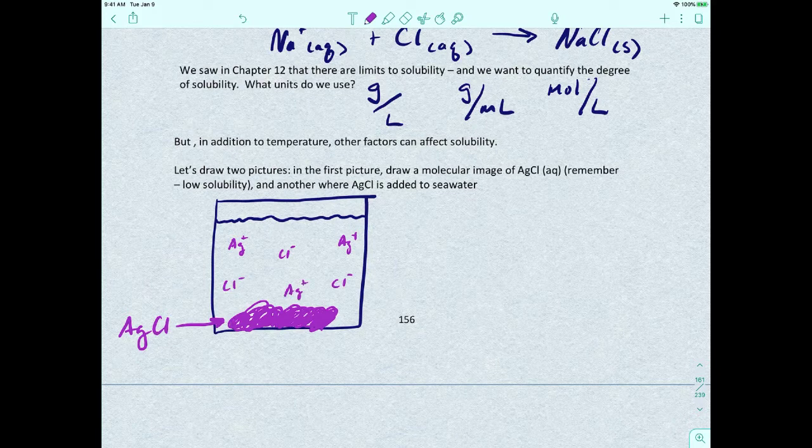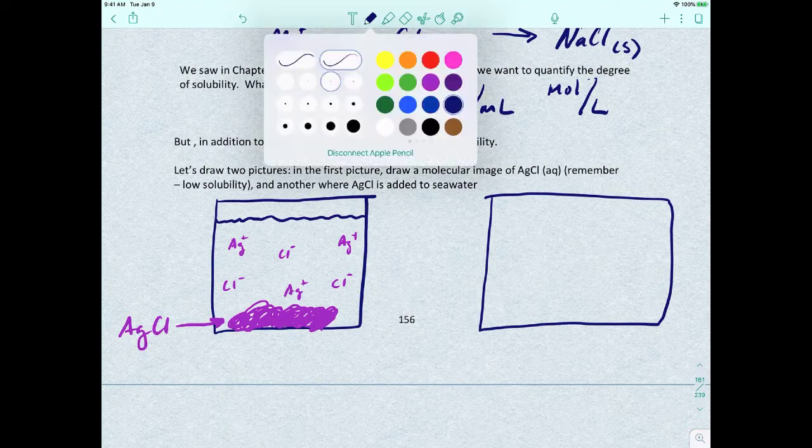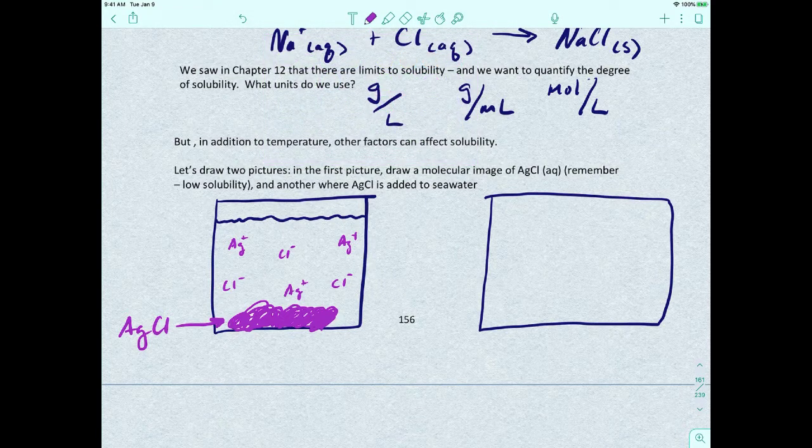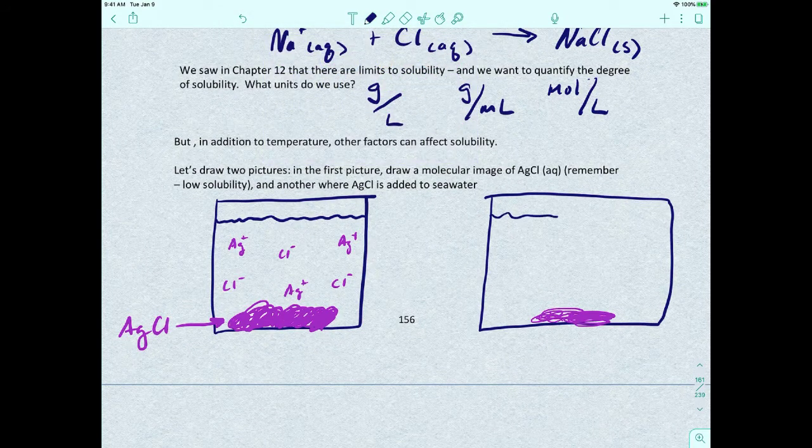But let's say we add another beaker, and this time we put the same amount of silver chloride in, but we use salt water. So you're still going to have some silver chloride on the bottom, but a lot more of the silver chloride is going to be in solution.